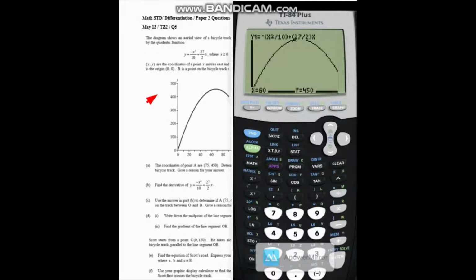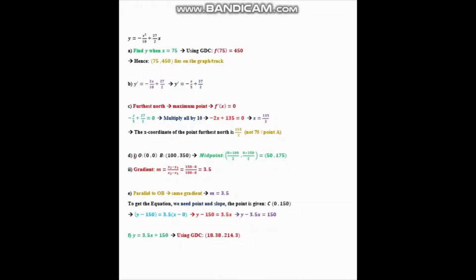I want to find the value of y when x equals 75, so I shall click on second, trace, value, and x equals 75. And the calculator tells me that when x is 75, y is 450. Hence, the point (75, 450) lies on the track.